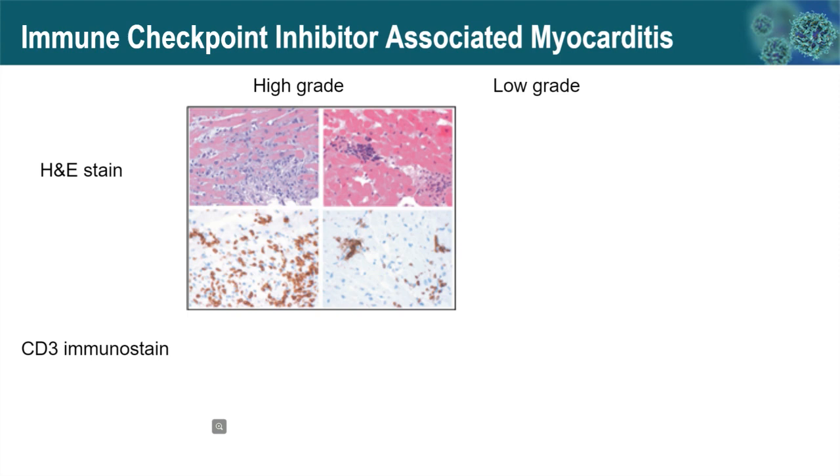In a low-grade pattern, we can see less than 50 CD3 positive cells, as noted in the lower right panel, and minimal myocardial necrosis compared to the high-grade pattern. Dr. Naidu, what are your thoughts on this?